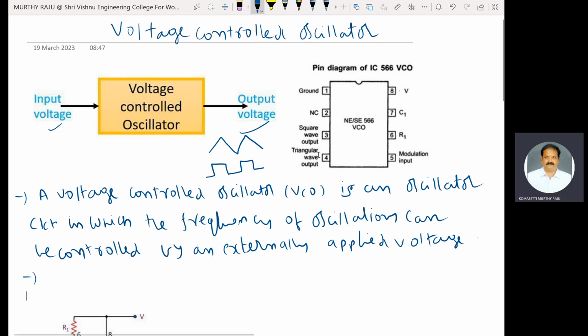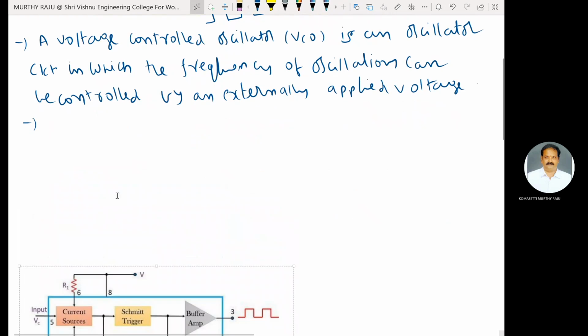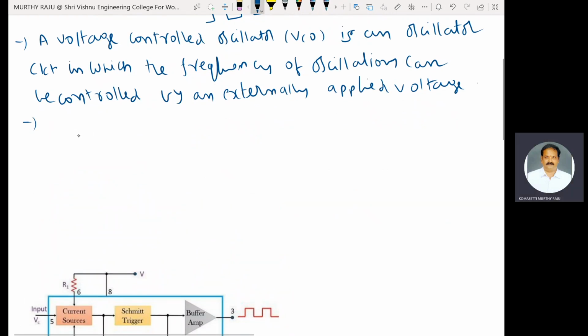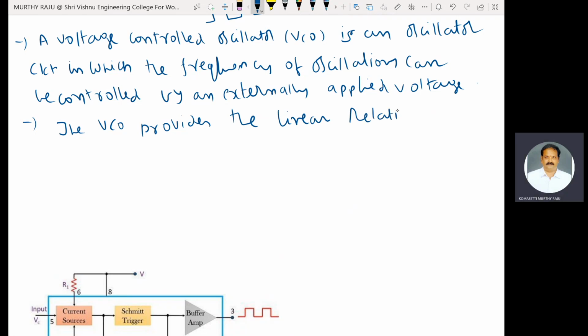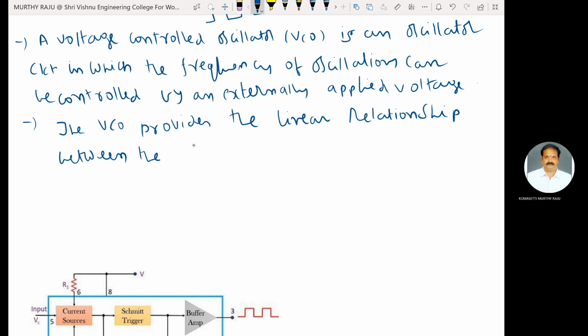The next important point is that the VCO provides a linear relationship between the applied voltage and the oscillation frequency.